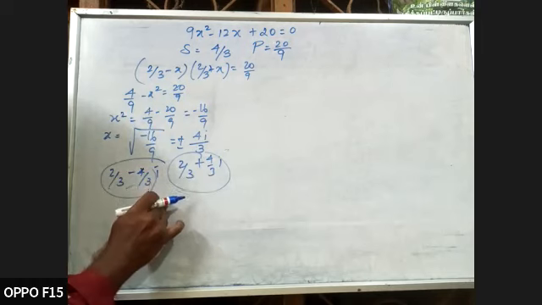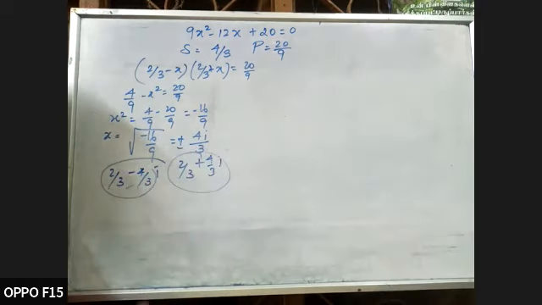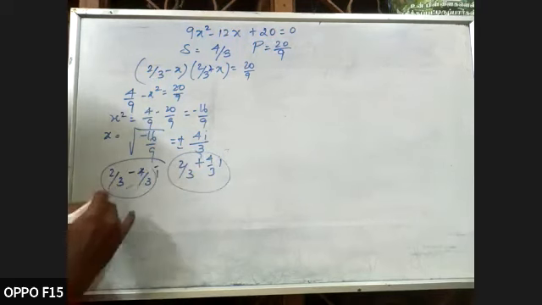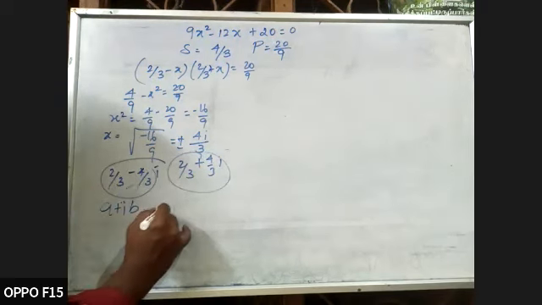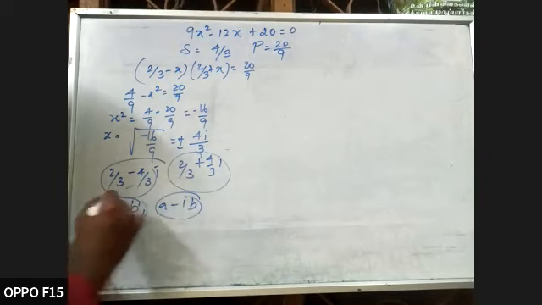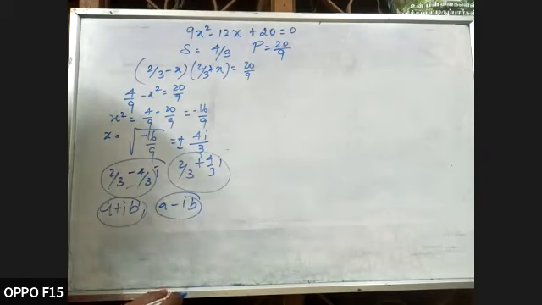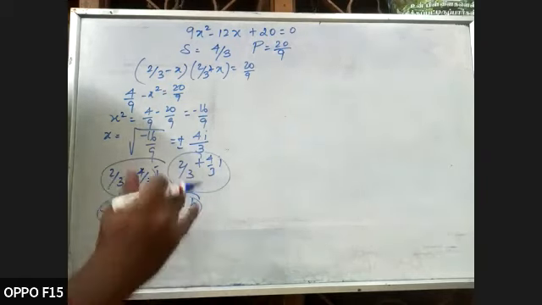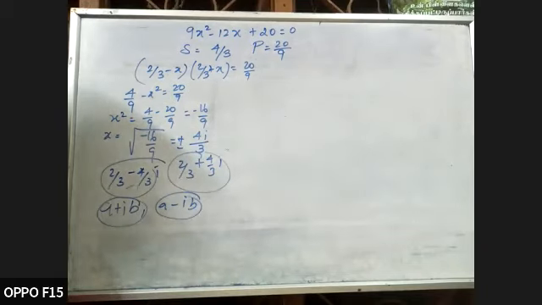So one root is 2 by 3 minus 4 by 3i, another root is 2 by 3 plus 4 by 3i. We all know, I forgot to say, complex roots are conjugates: if a plus ib is one of the roots then a minus ib is the other root. Similarly, for rational coefficients, irrational roots are also conjugate to each other.